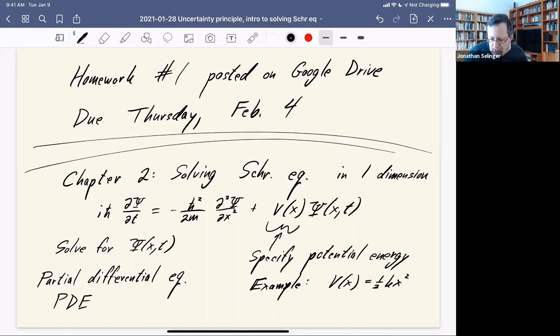This type of equation occurs a lot in physics. Schrodinger's equation is one good example, but similar things show up in other areas of physics. And the main place where most students see it first in undergraduate physics is in electromagnetism.